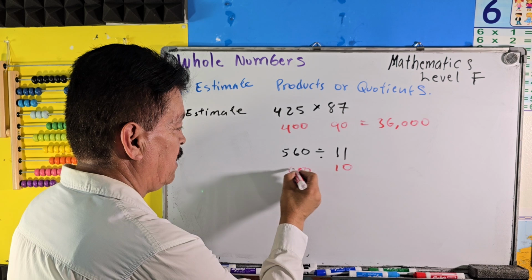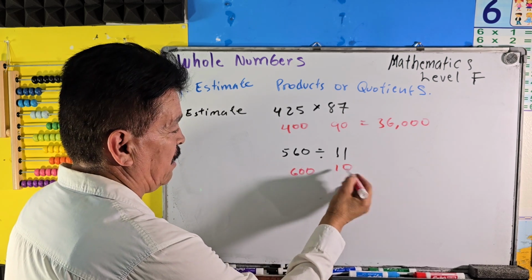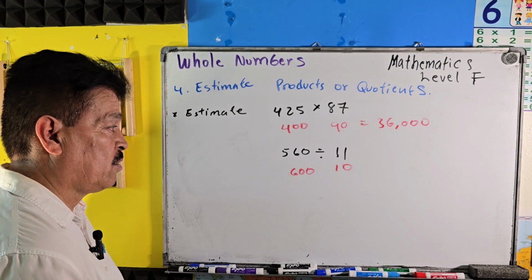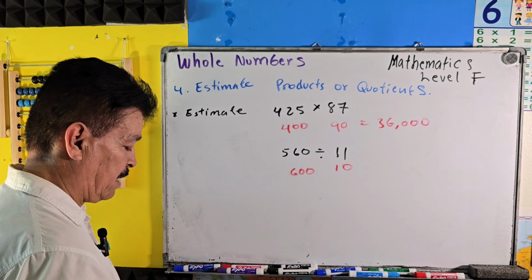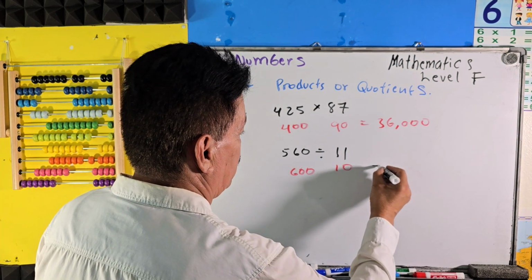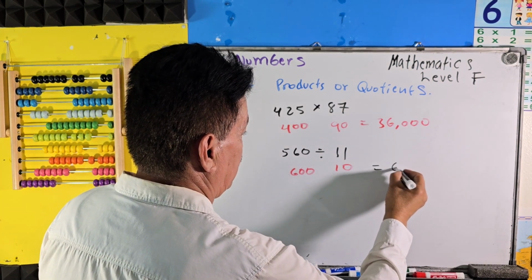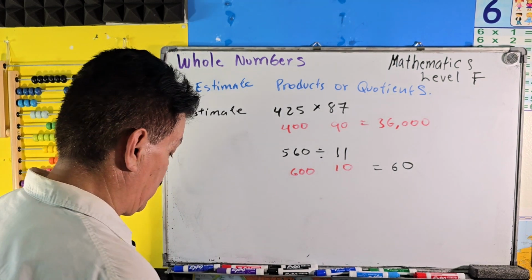So I make it easier, right? 600 divided by 10. So it equals 60, right? It's 60.